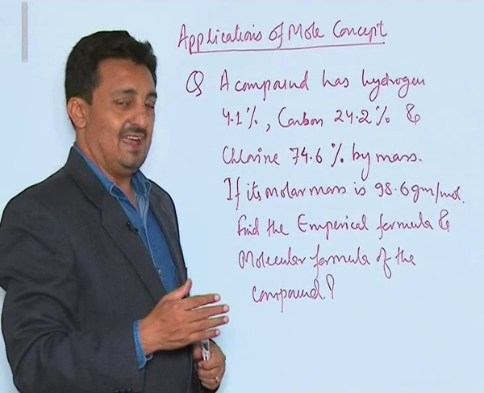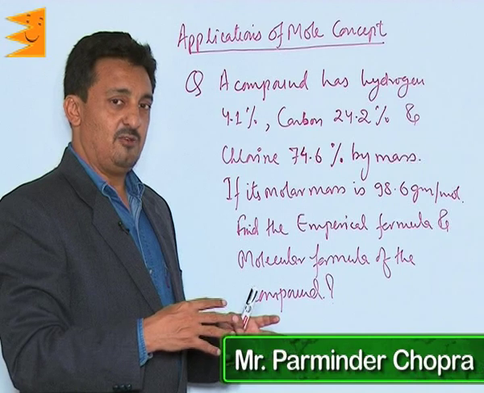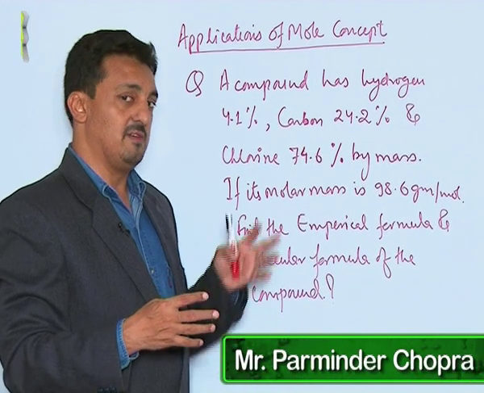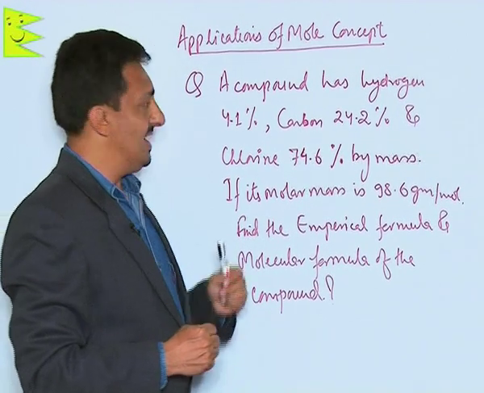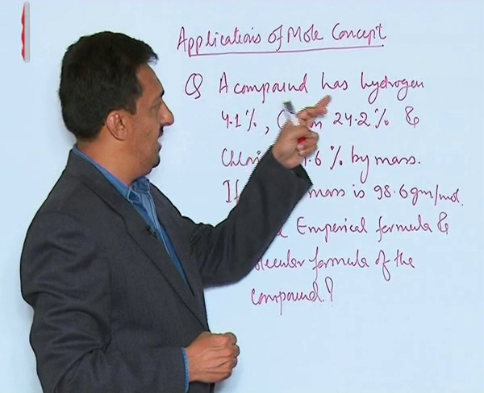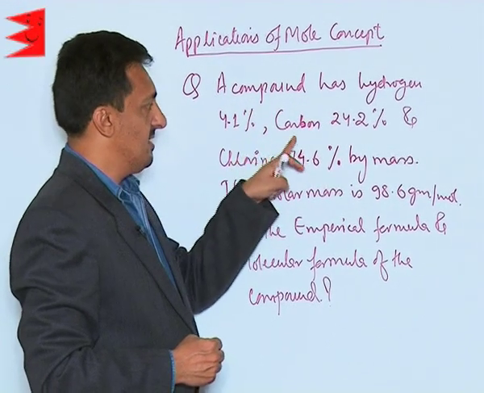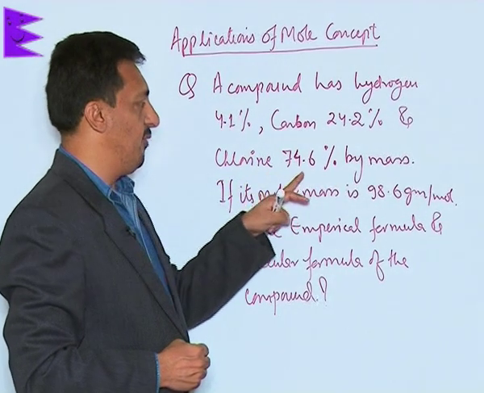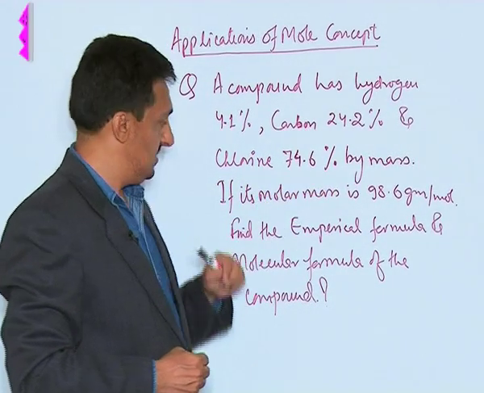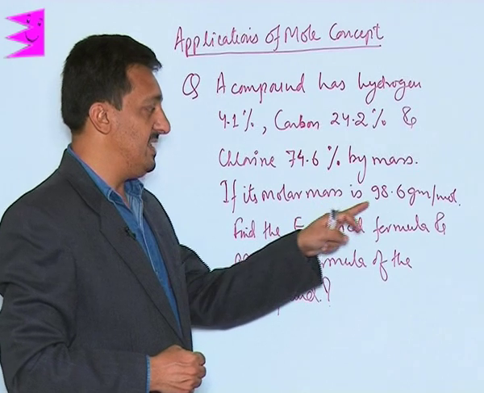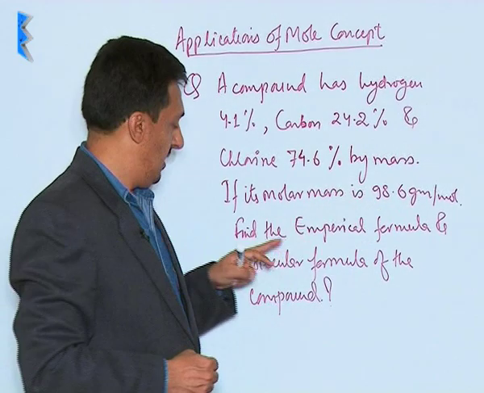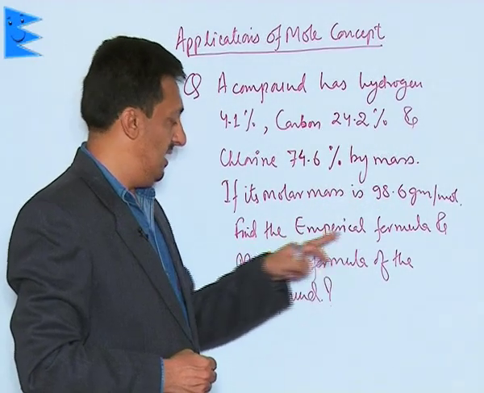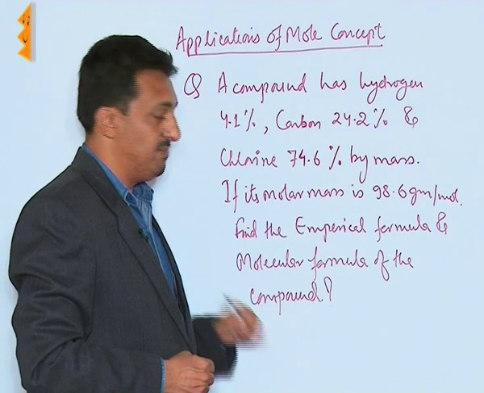Now let us understand how we can find out the empirical formula and molecular formula of a compound from a given numerical. The numerical is: a compound has hydrogen 4.1%, carbon 24.2%, and chlorine 74.6% by mass. If its molar mass is 98.6 grams per mole, find the empirical formula and molecular formula of the compound.